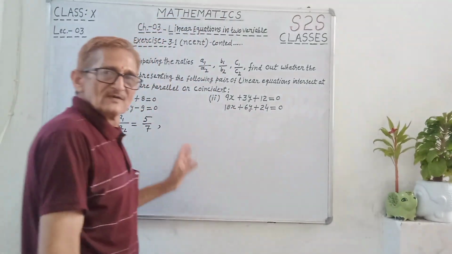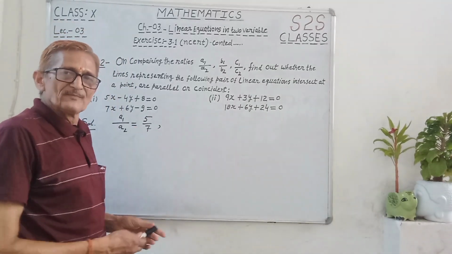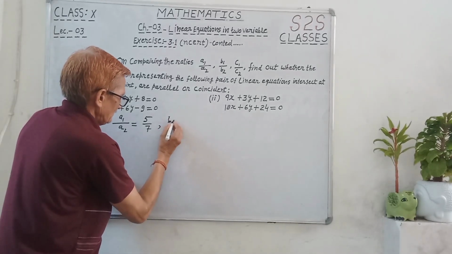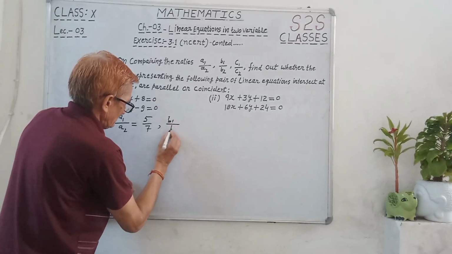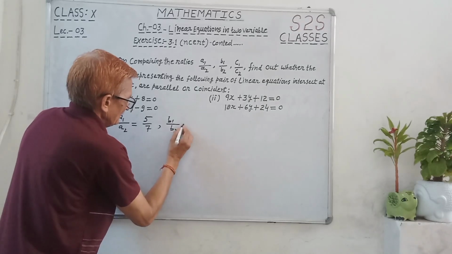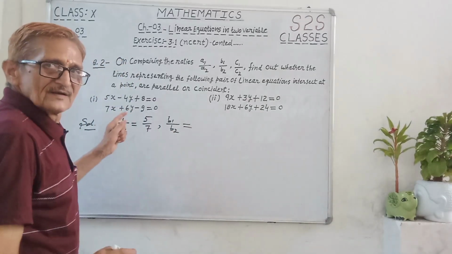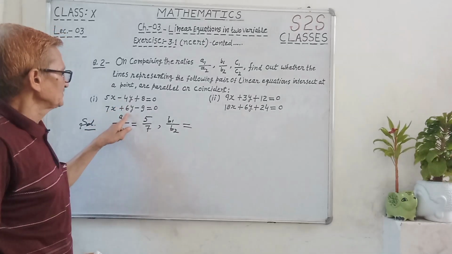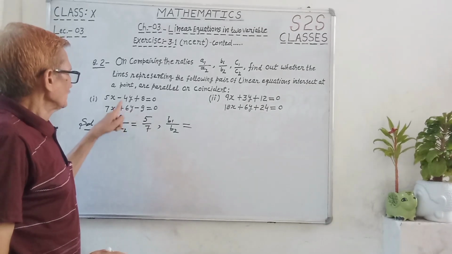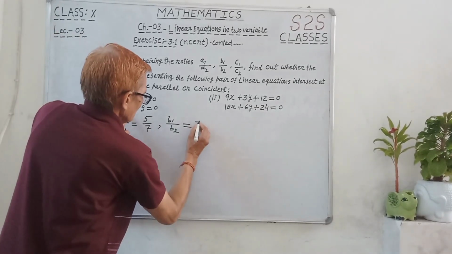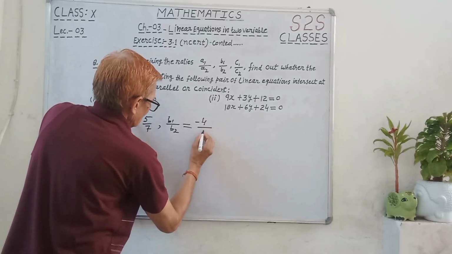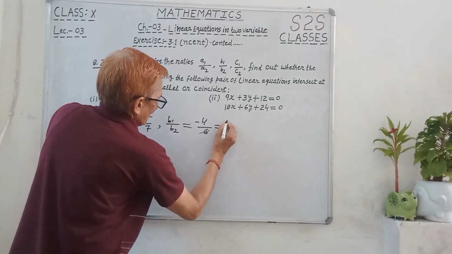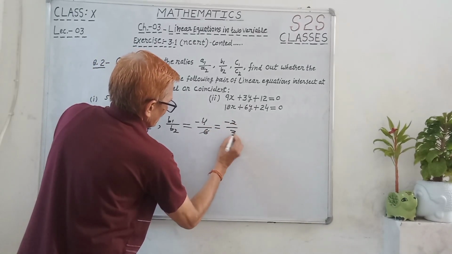Now A1/A2 is this. Now B1/B2: B1 is the coefficient of y in the first equation and B2 is the coefficient of y in the second equation. So minus 4 upon 6. Then simplify by 2, then minus 2 upon 3.